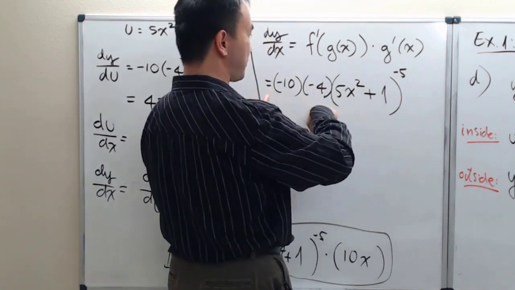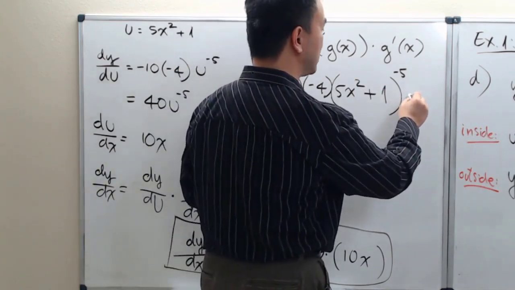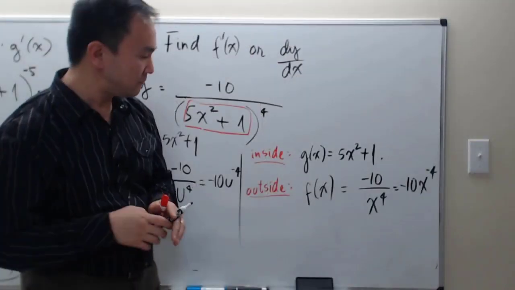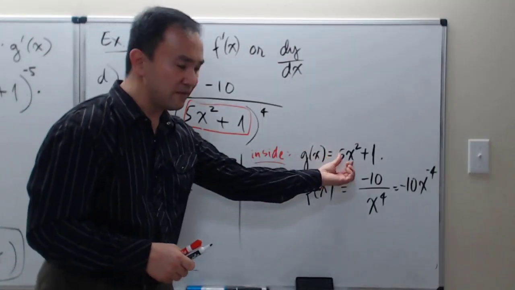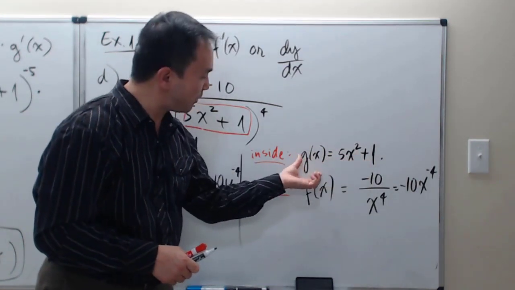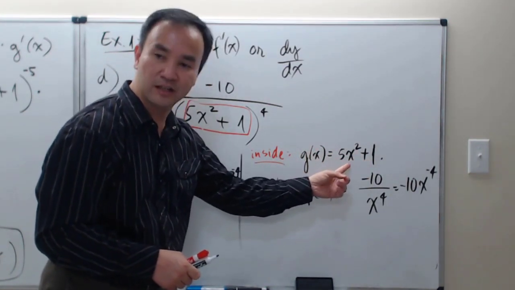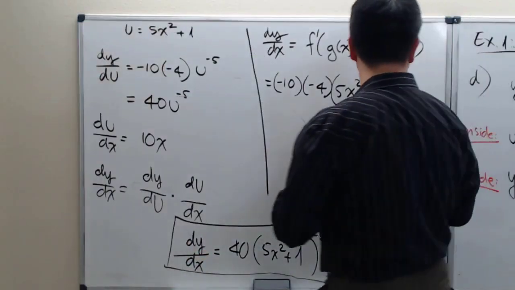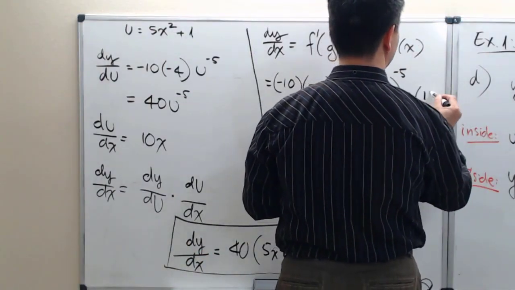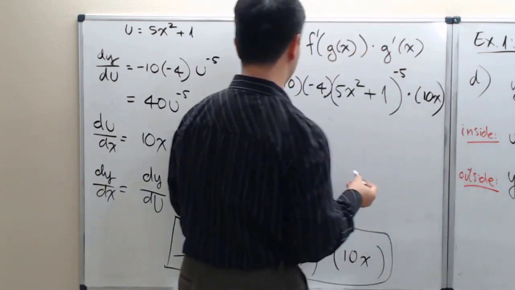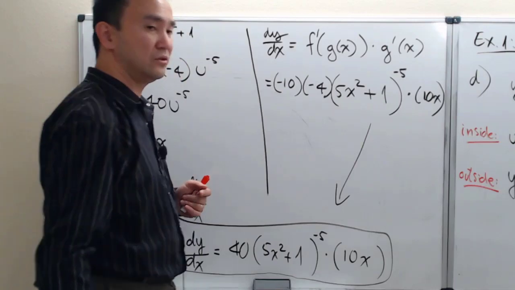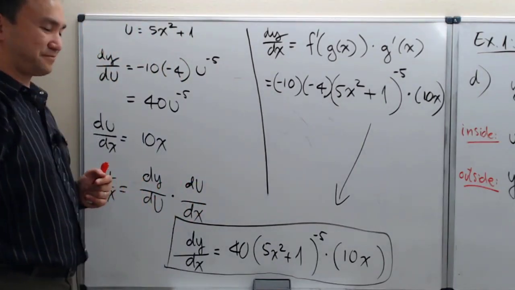So this is f prime at g. But now I need to multiply with g prime. So g of x is 5x squared plus 1. So g prime here has to be certainly 10x. Simple enough. And so multiply with 10x. So concluding our final answer. That's how we get all the way down to that.